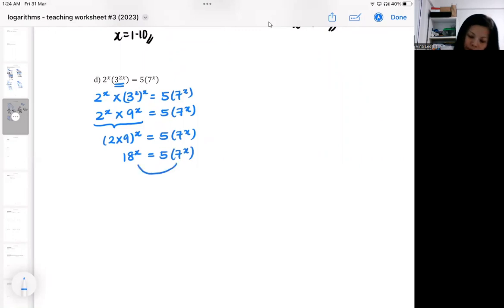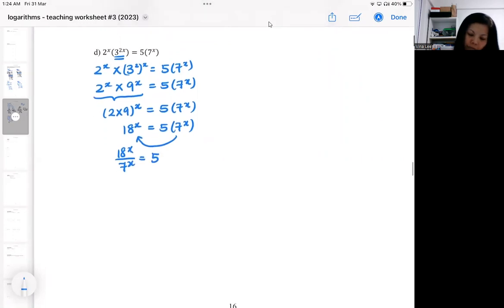Then I'm going to divide this over. When I divide this over, it is also the same power. In your indices, we also have the rule that helps you deal with same power. So it is (18/7)^x equal to 5.